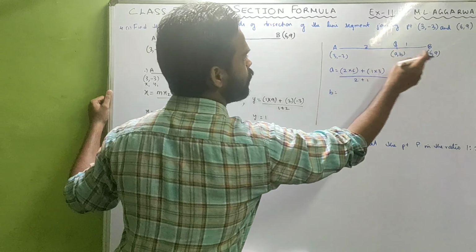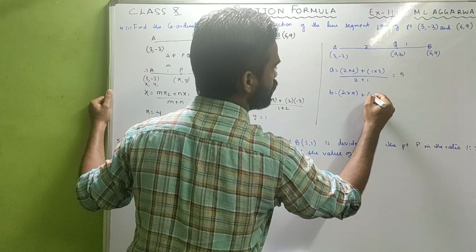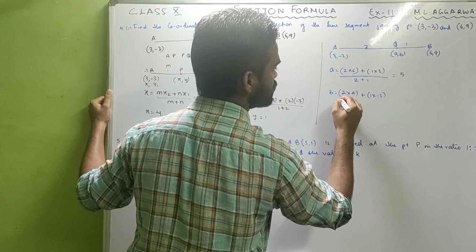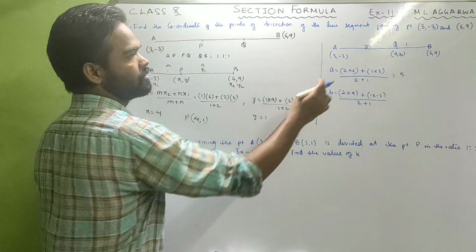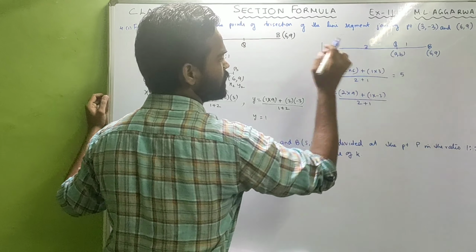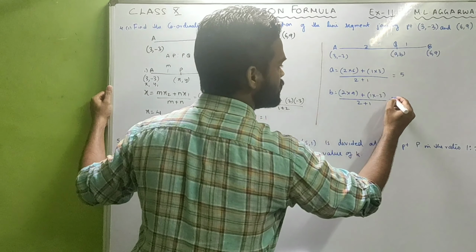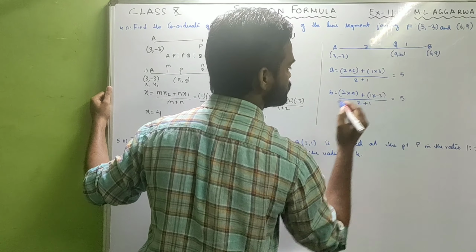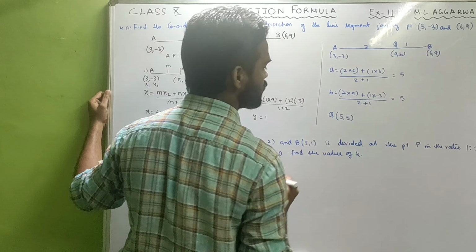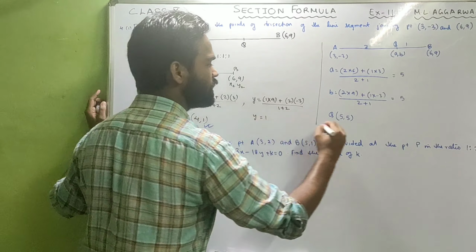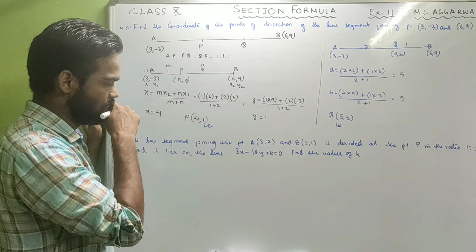Same. m y2, that's 2 multiplied by 9, plus 1 multiplied by minus 3, by m plus n, isn't it? 18 minus 3, that's 15. 15 by 3 is 5 again, which means the coordinate of Q is (5, 5). Done. We got the coordinates of P and Q, what they've asked for, this only.